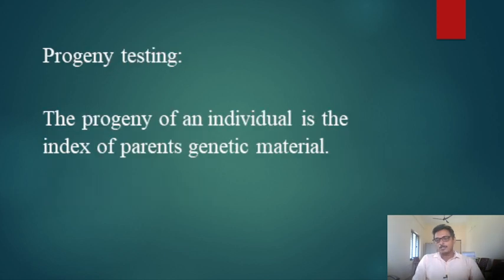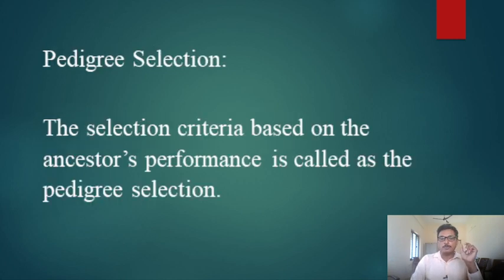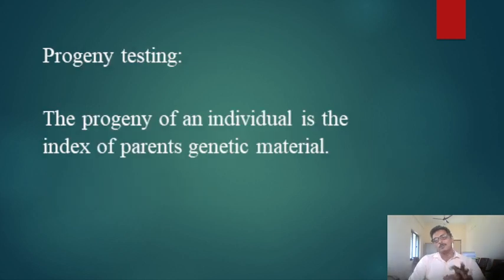Then the last selection, the third selection, is progeny testing. In the pedigree selection, we have to know about the ancestral animals. In the progeny testing, we have to know about the children or offspring. The progeny of an individual is the index of the parents' genetic material. The parents give the genetic material to their offspring.